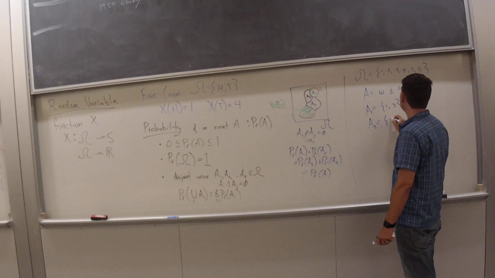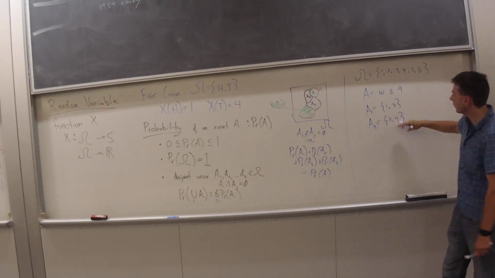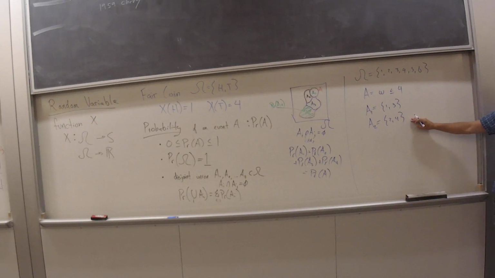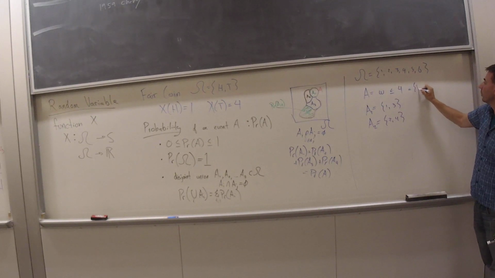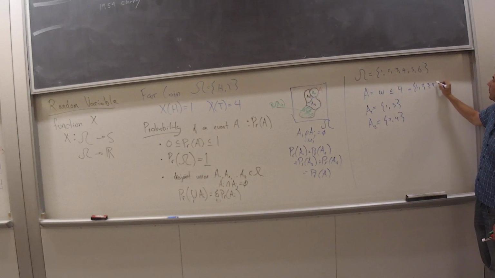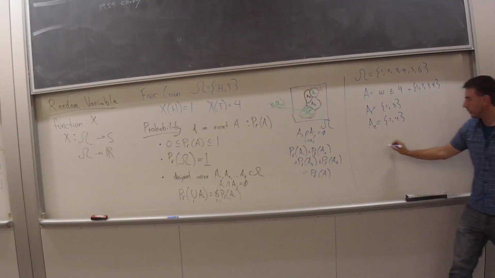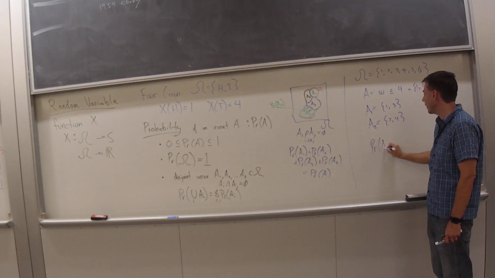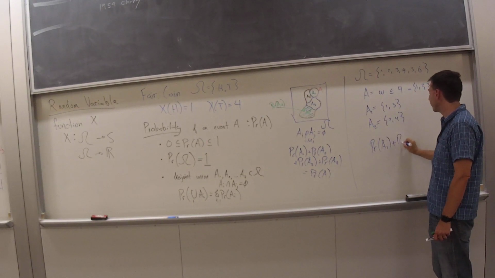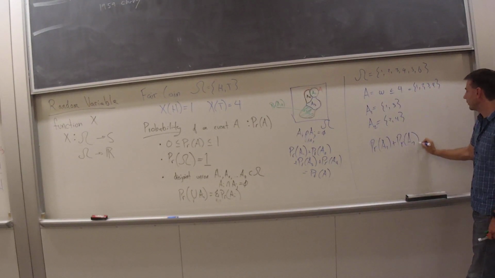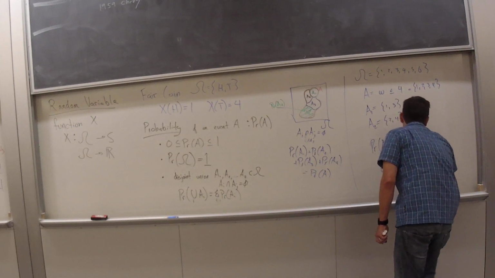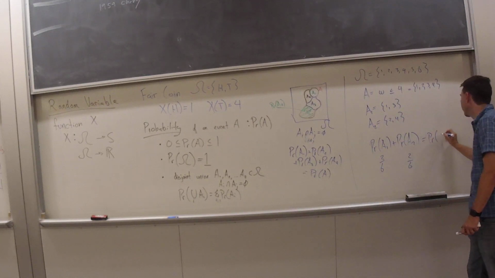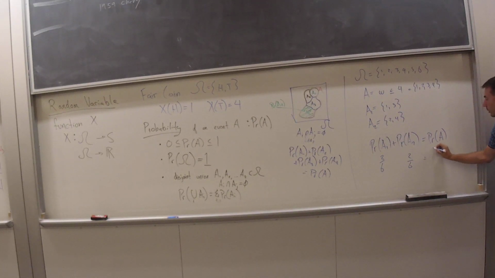A2 is going to be {2, 4}. These are disjoint from each other. The union is equal to all of A, which is {1, 2, 3, 4}. And the probability of A1 plus the probability of A2 is 2/6 plus 2/6, and this is equal to the probability of A, which is 4/6.